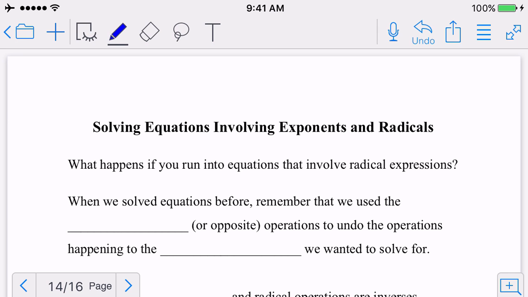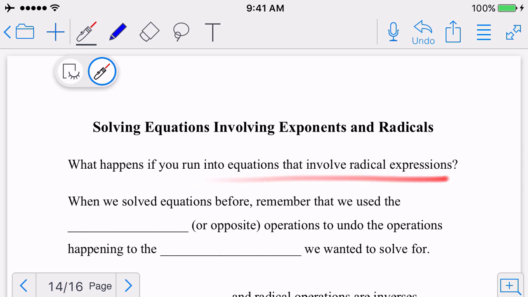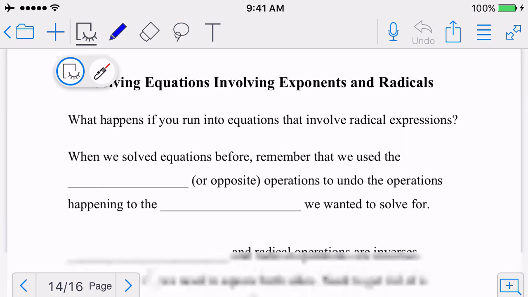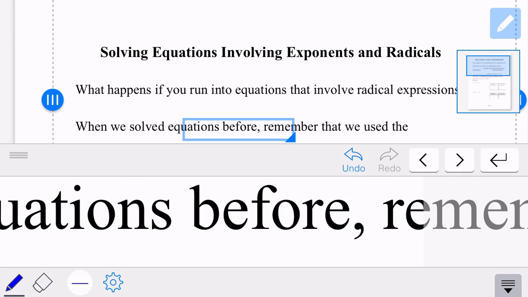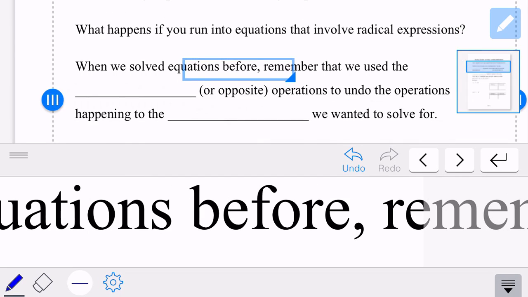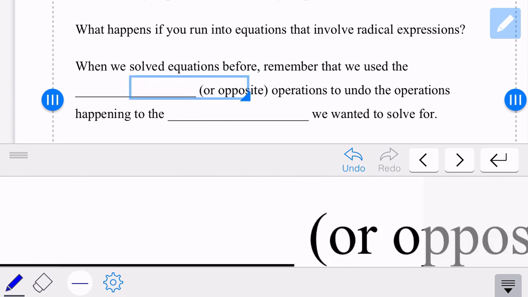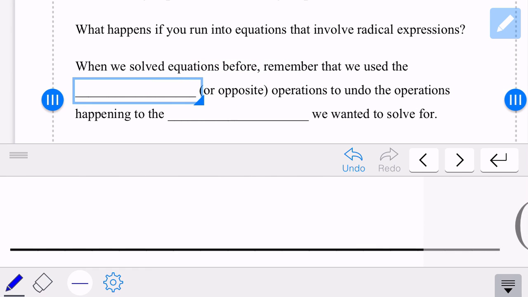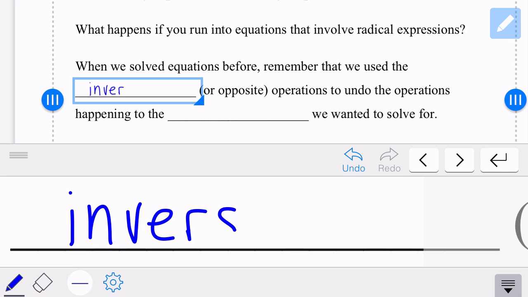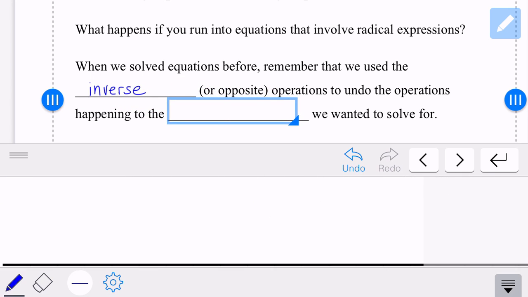So what do we do if we run into equations that involve radical expressions or even exponential expressions? So let's think back. When we solved equations before, what did we do? Well, we used the inverse operation to undo operations that were happening to the variable.